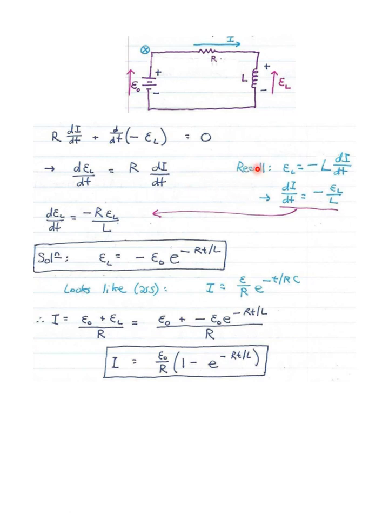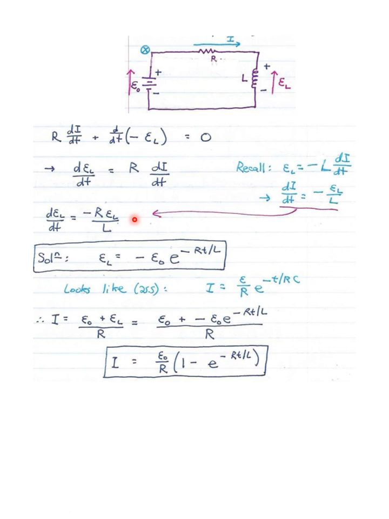And I want you to remember, look over here in the light blue to the right, that E sub L is negative L di dt, so that we can say di dt, we're about to substitute for this, is equal to negative E sub L over L. So let's take that value for di dt, plug it in to this equation back on the left, and we get this, that the time derivative of the back EMF, or E sub L, is negative R E sub L over L.